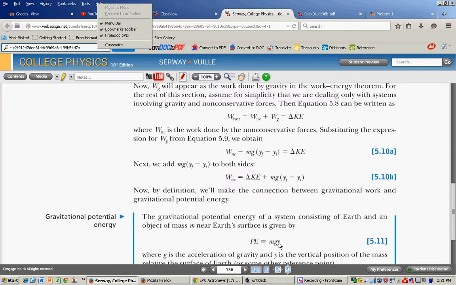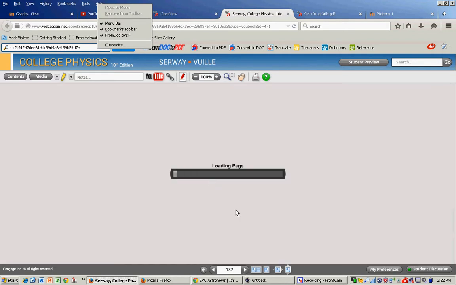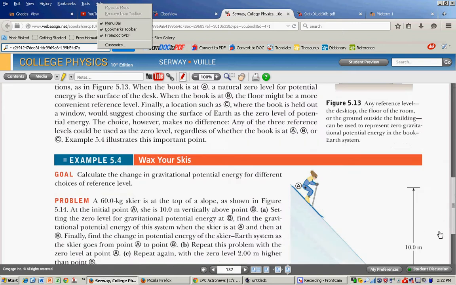The gravitational potential energy is given by this expression, mg del y, mgy, and mgy is the gravitational potential energy of an object with respect to the ground. And the unit is joules, the unit of energy.